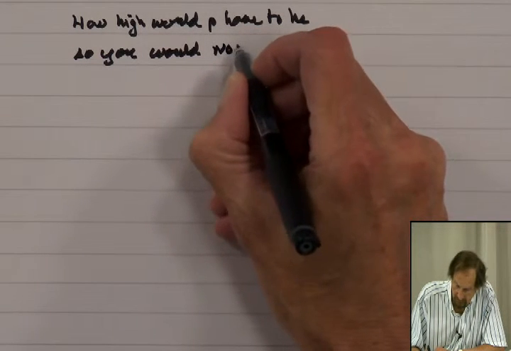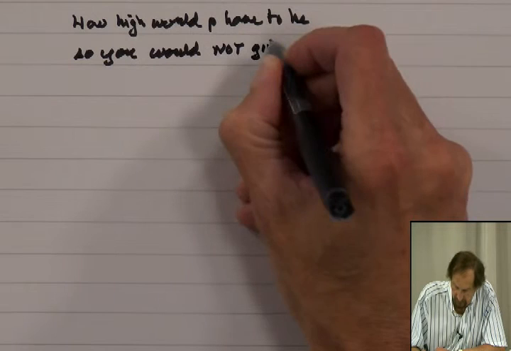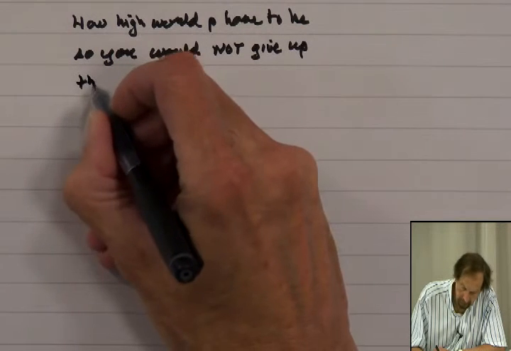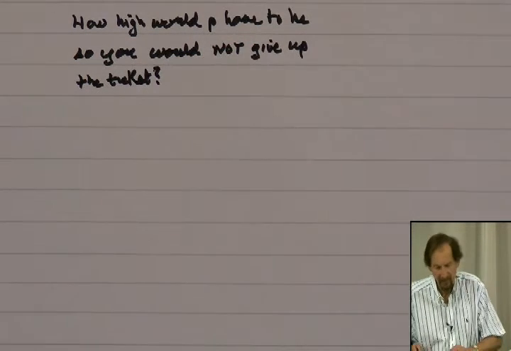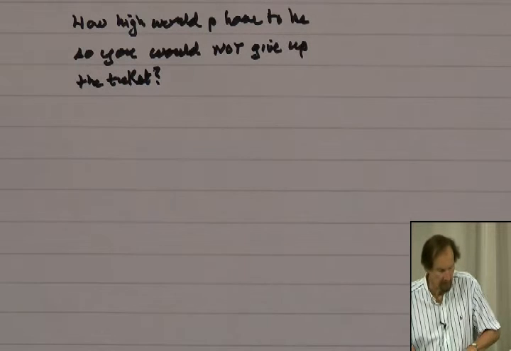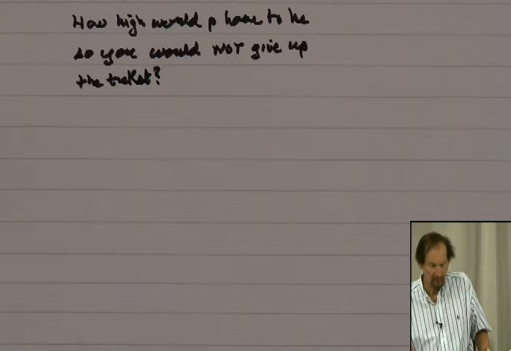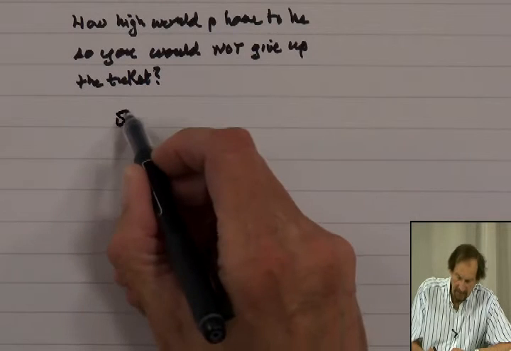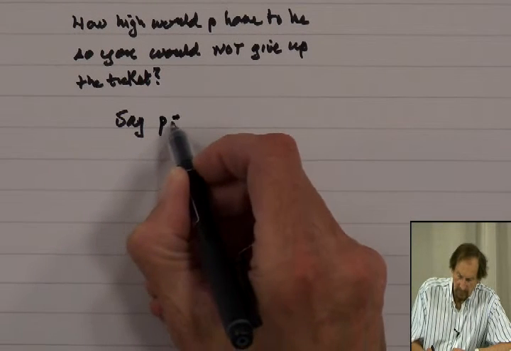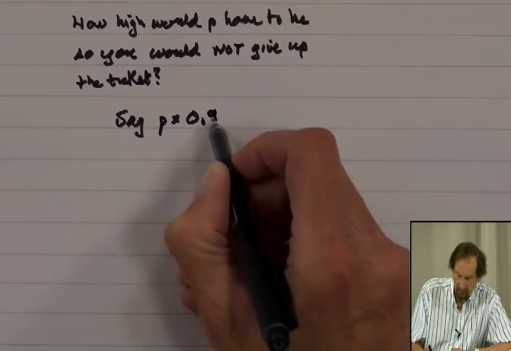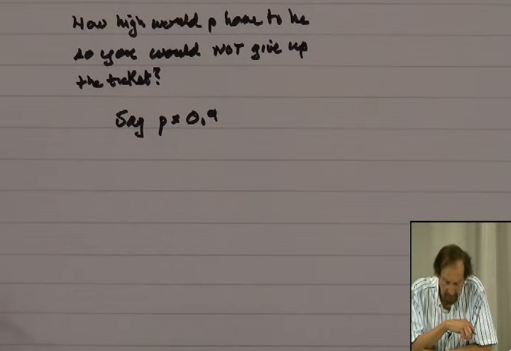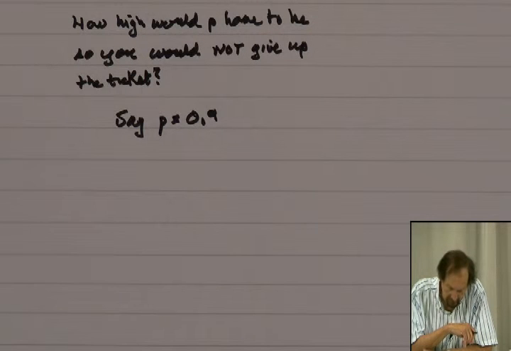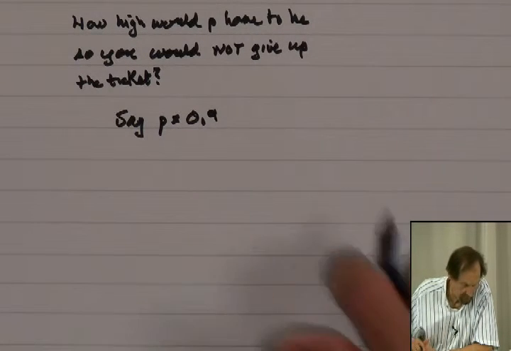I say you would not give up the ticket. If P is very, very high, you wouldn't give up the ticket, even though you have a chance of losing 5,000. So let's say P equals 0.9. At 0.9 or above, you'll say, no, I'll take my chance because I have a very, very good chance of getting 10,000 and a small chance of losing 5,000.